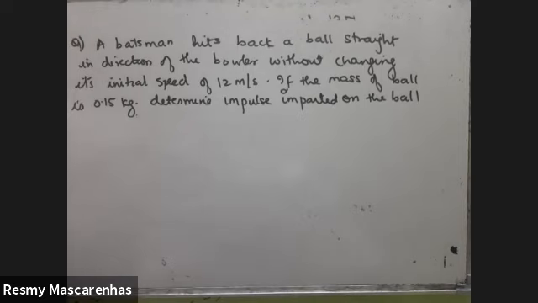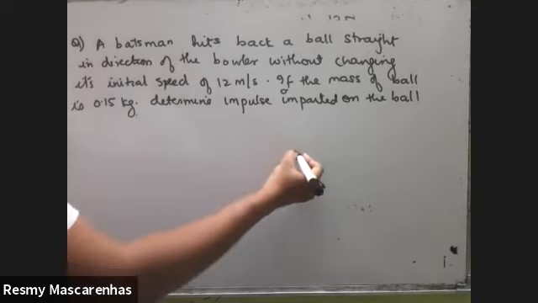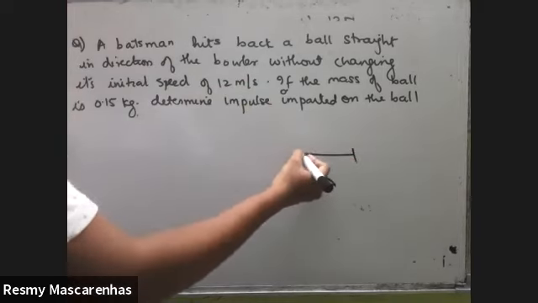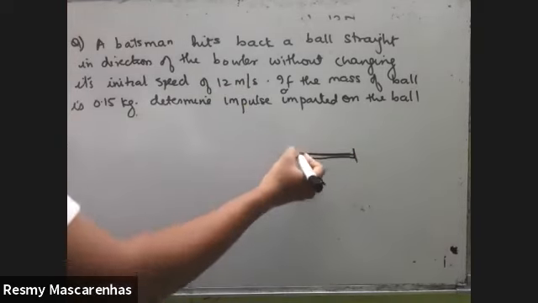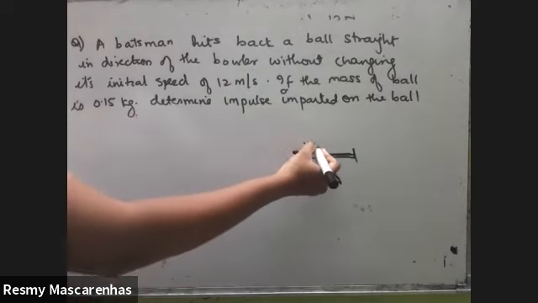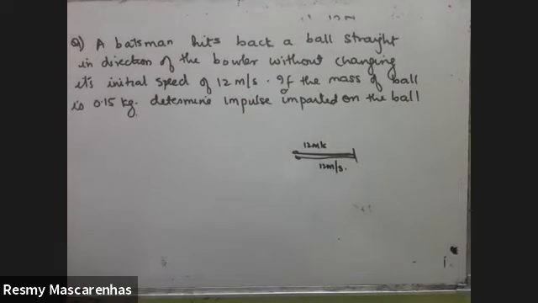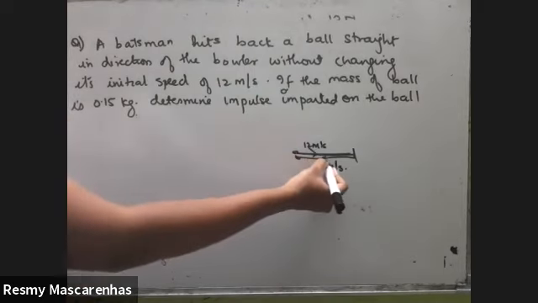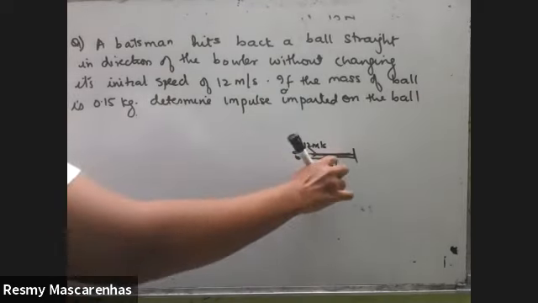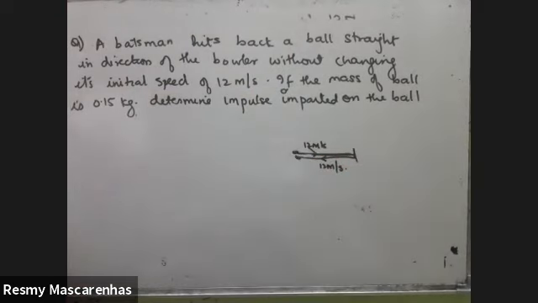So how it looks like: there's a batsman suppose over here, the ball is coming and it is going back. Came and then it went back. So this one's arrow is in this direction and the ball is going back in the opposite direction.